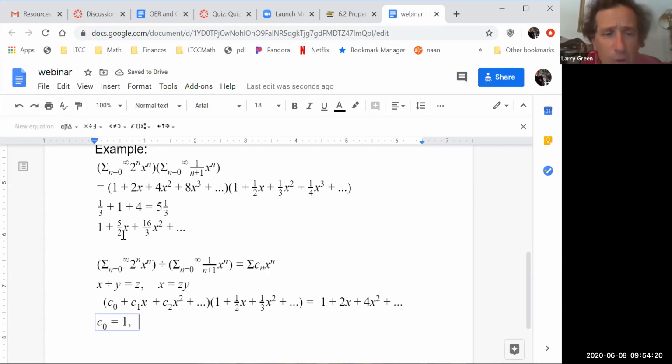How do I get C1? Well, I know C naught is 1, so 1 times a half plus C1 times 1 is 2. So a half plus C1 is 2, so C1 is 3/2.